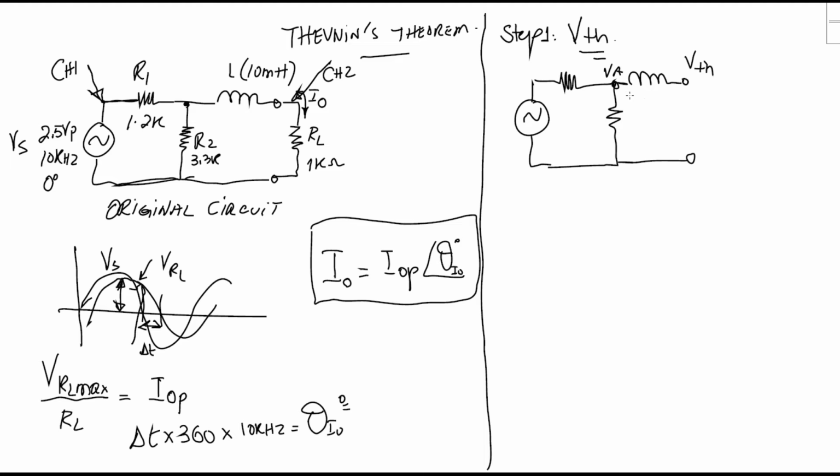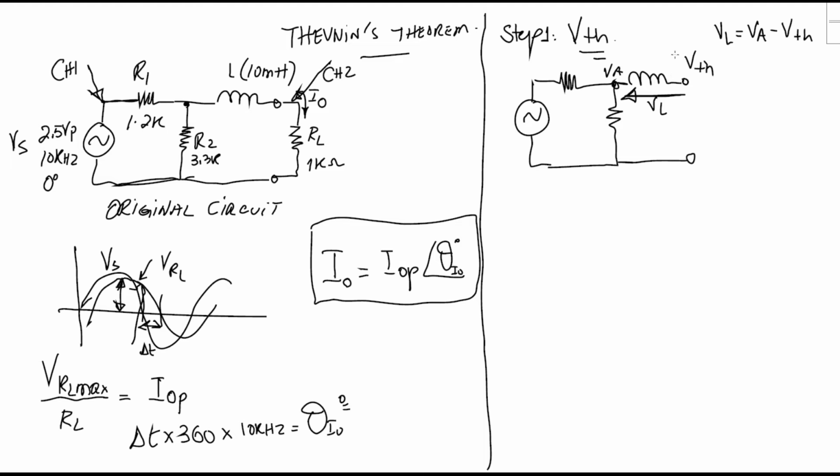If we come to the voltage across this inductor, we call it VL for inductor. So basically what is VL? VL will be the high potential, which is Va, minus the low potential, which is Vth.